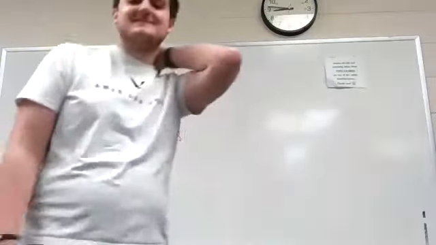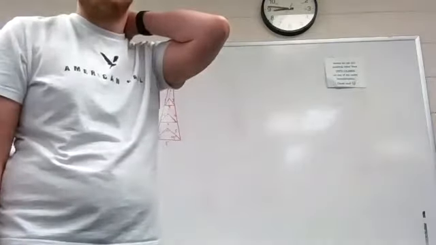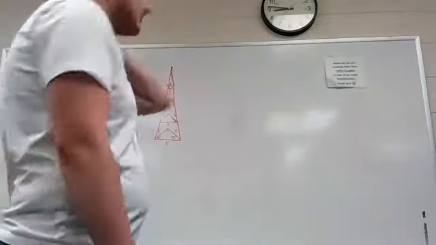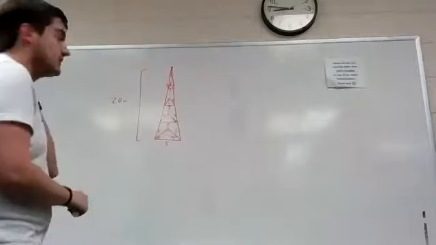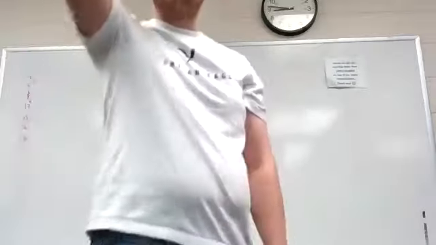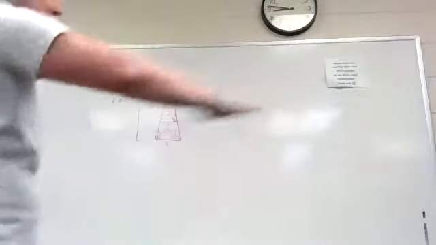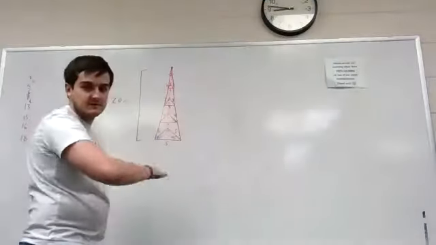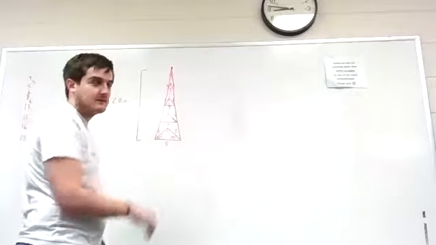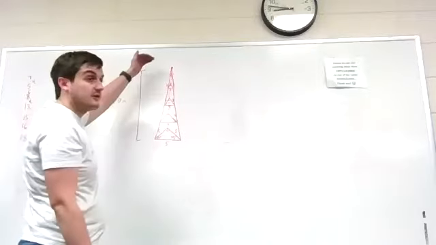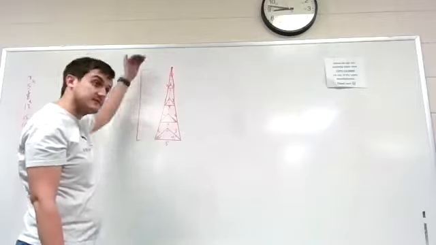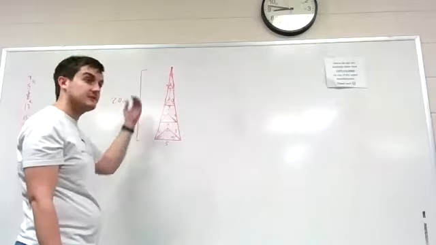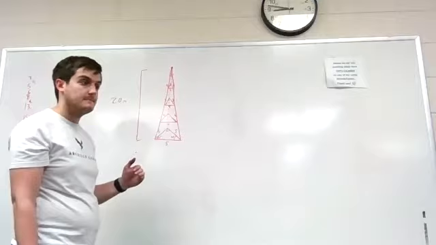I'll come back to it if we have time. Absolutely. Okay, so the height of the monument is 20 meters. It says a horizontal cross section is an equilateral triangle that, whenever it's x distance away from the top, has a side length of x over 4, right?